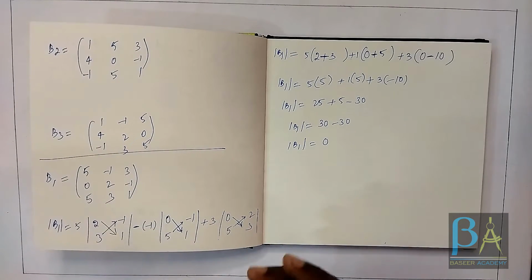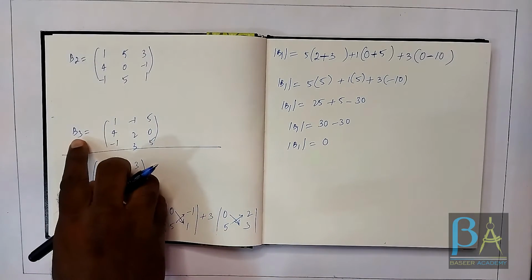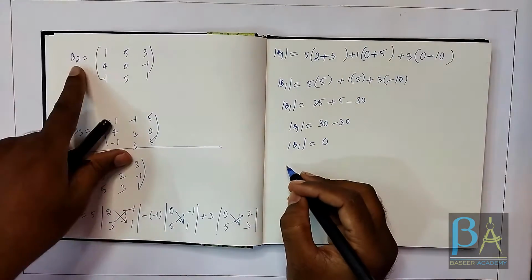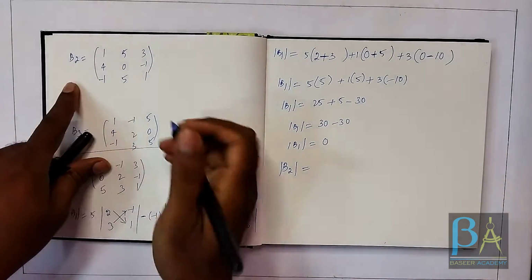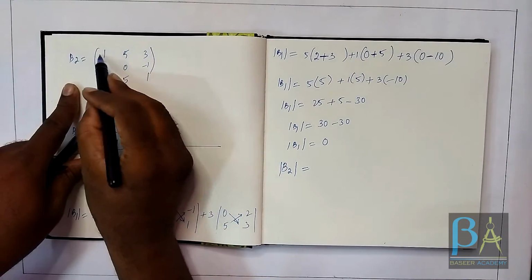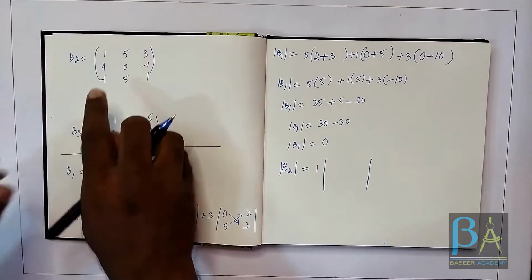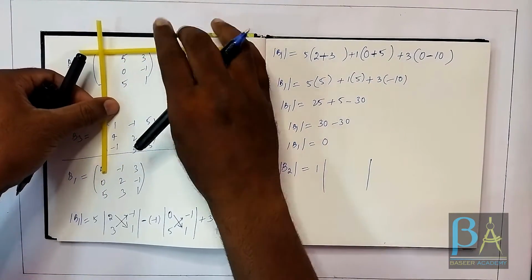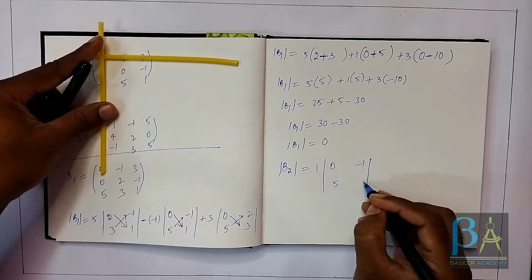Now in the same manner, you are supposed to find out mod B2, which is the determinant of B2, and then let us find out mod B3, the determinant of B3. I'm going to find the determinant of B2 here. So I'm going to target the elements of the first row. When you target the first element, which is 1, you are left with these four numbers, 0, -1, 5, 1.